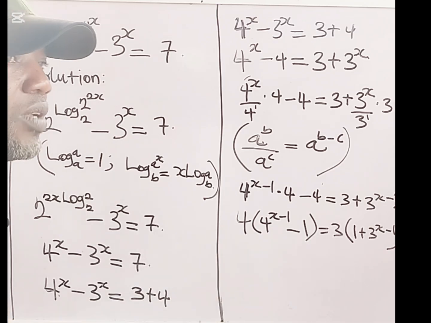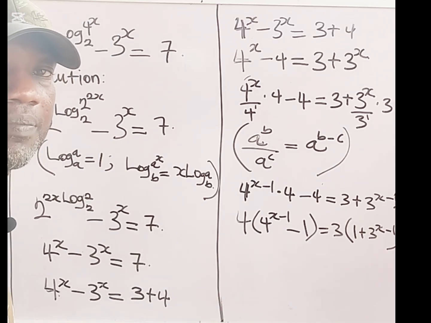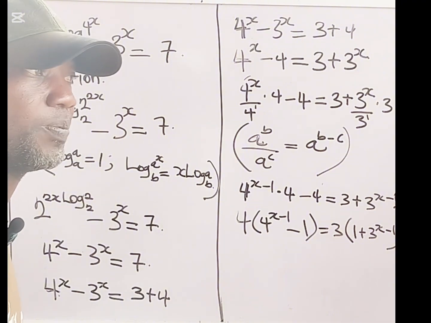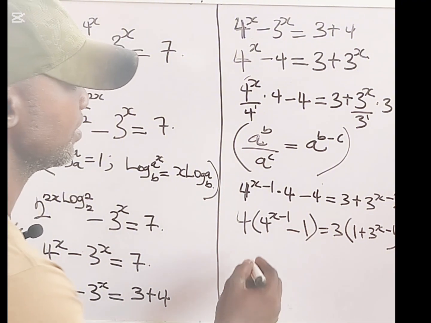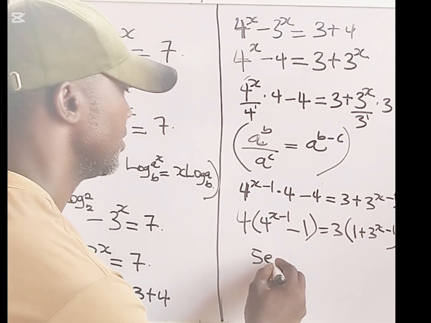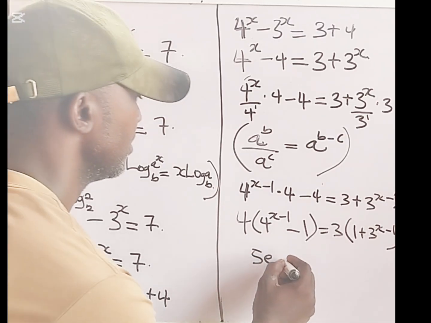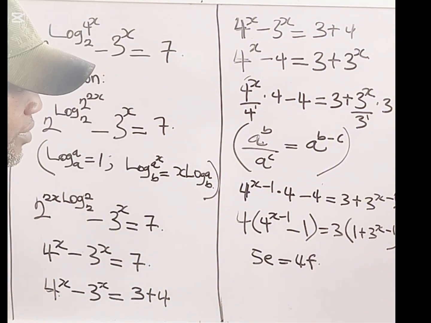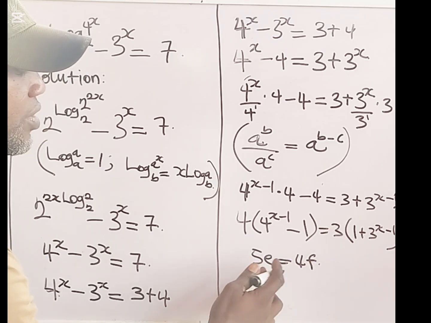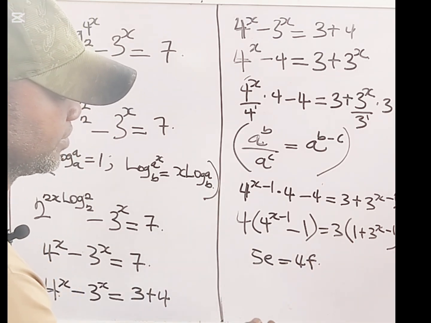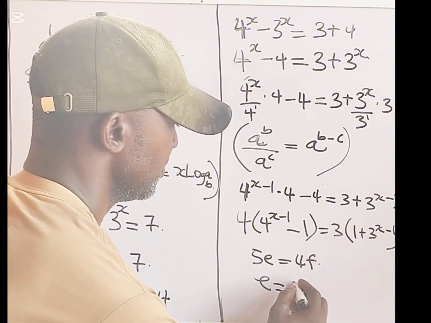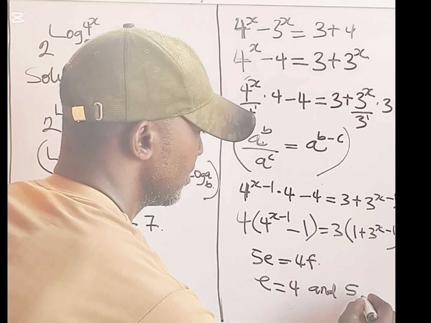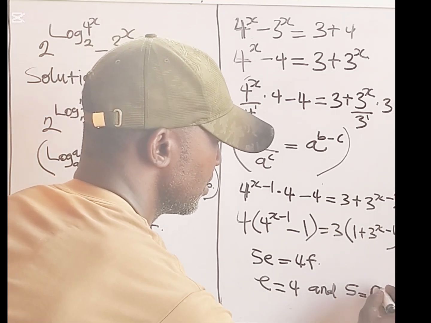When we get to this point, we are going to apply another basic mathematical rule, or fundamental principle of mathematics. Let's say you have 5 times e is equal to 4 times f. For this equation to be correct, it means that e must be equal to 4 and 5 must be equal to f.